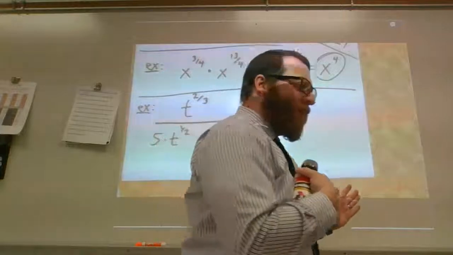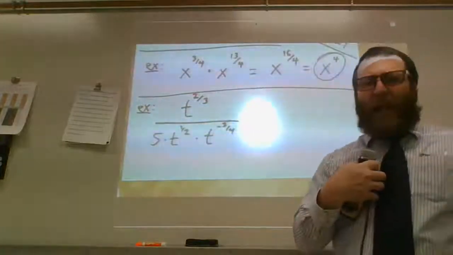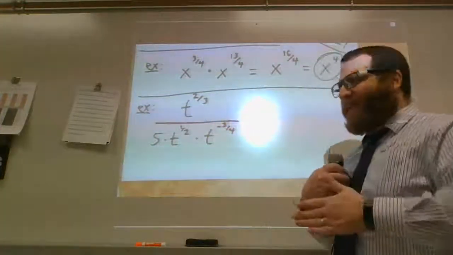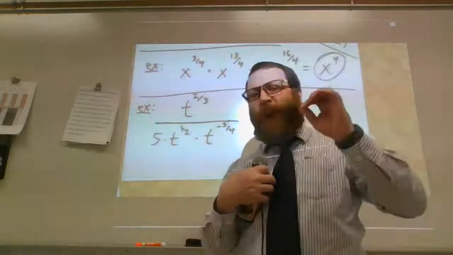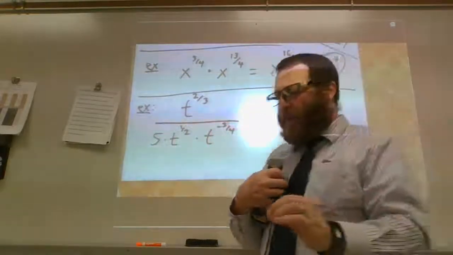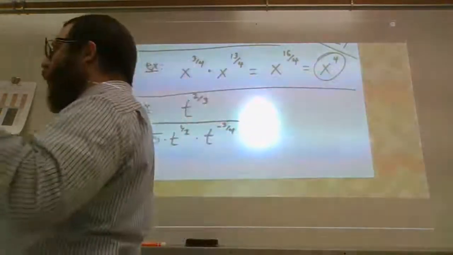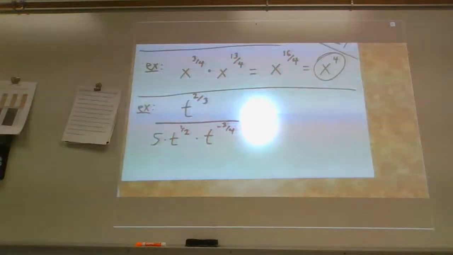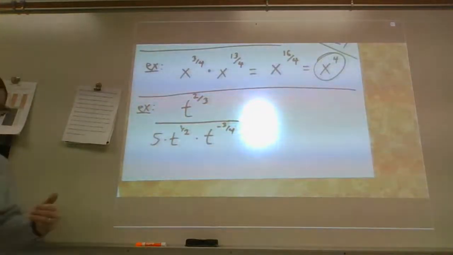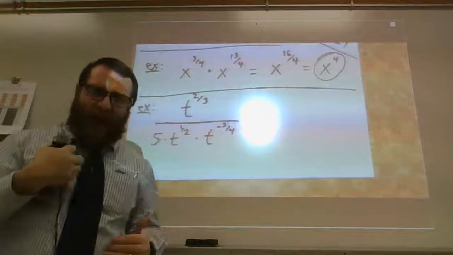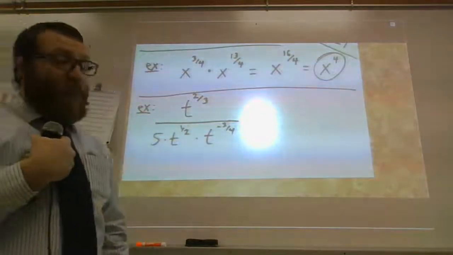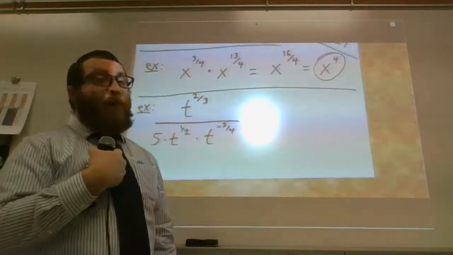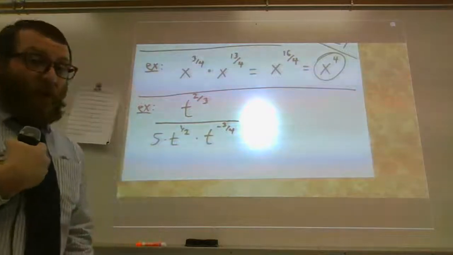Oh, I remember. When you are multiplying common bases, you add the exponents. When you are dividing common bases, you subtract the exponents. You got to look back at your exponent properties. We wrote these down I don't even remember how long ago, but they are in your notes.